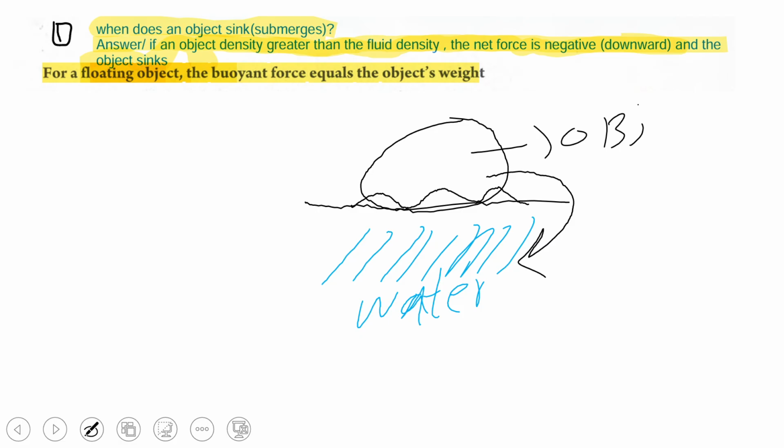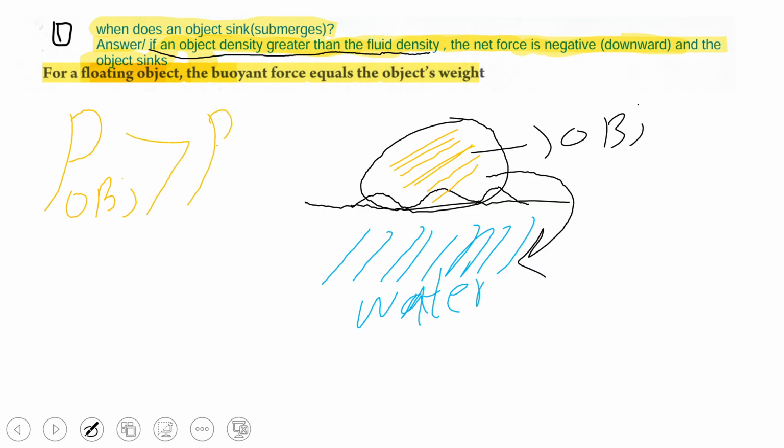The answer is written: if the object's density is greater than the fluid's density. It means that the density of this object is greater than the density of the water or fluid.